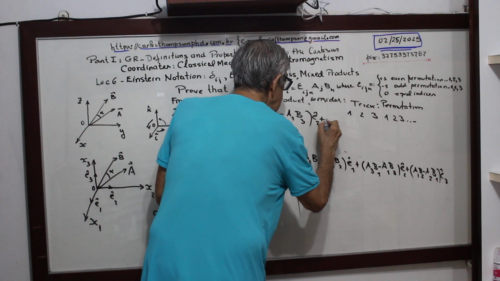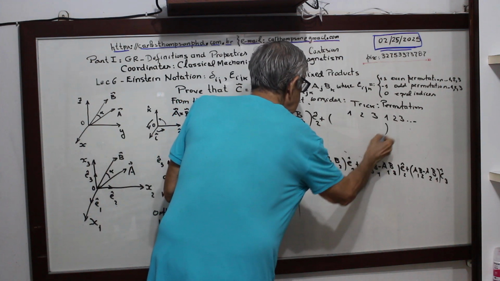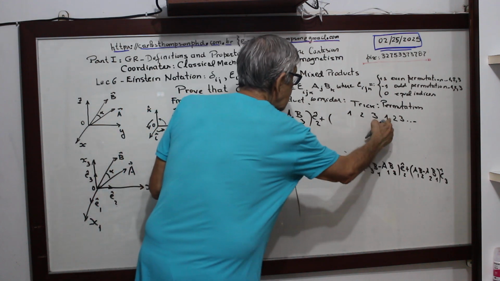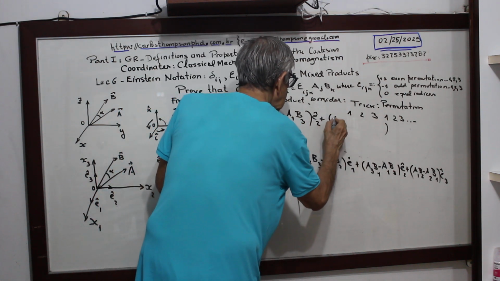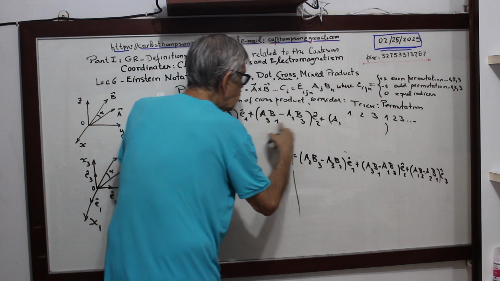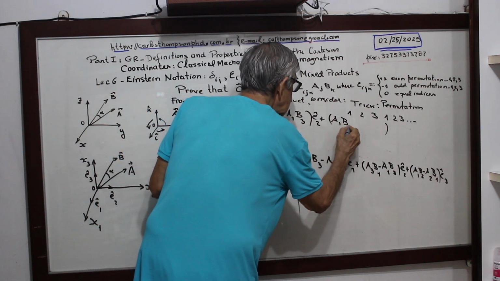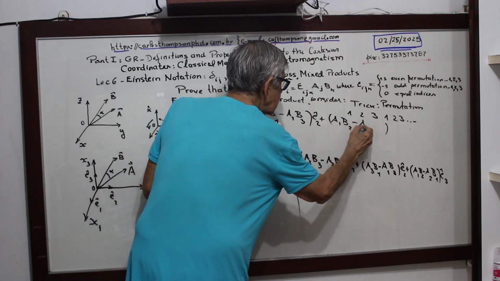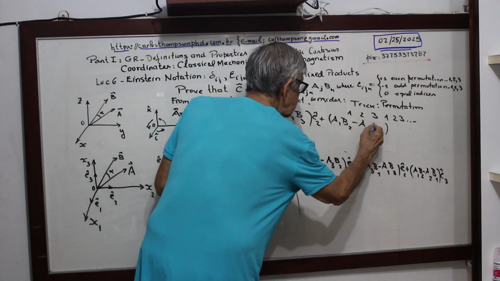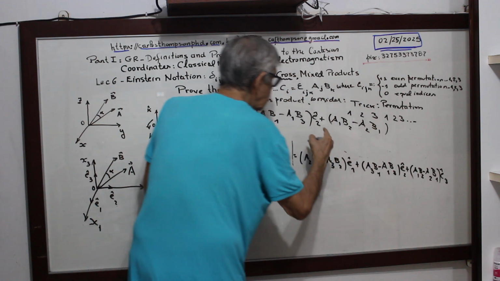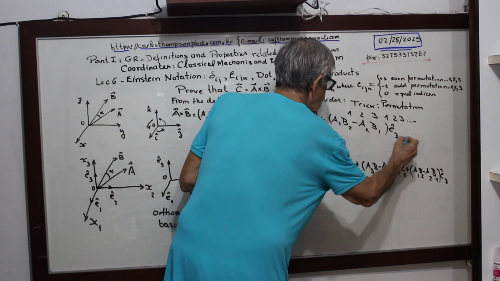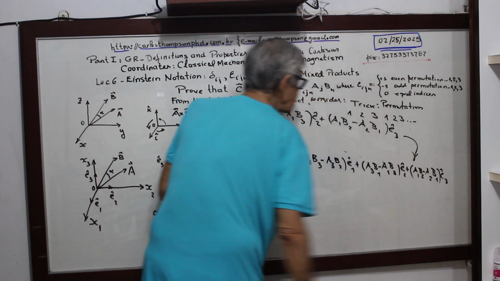Plus, look, you look at here, 3, after 3 comes 1. After 1 comes 2, minus. After 1 comes 2, after 3 comes 1. And 2, I have. Compare this with this, you see?